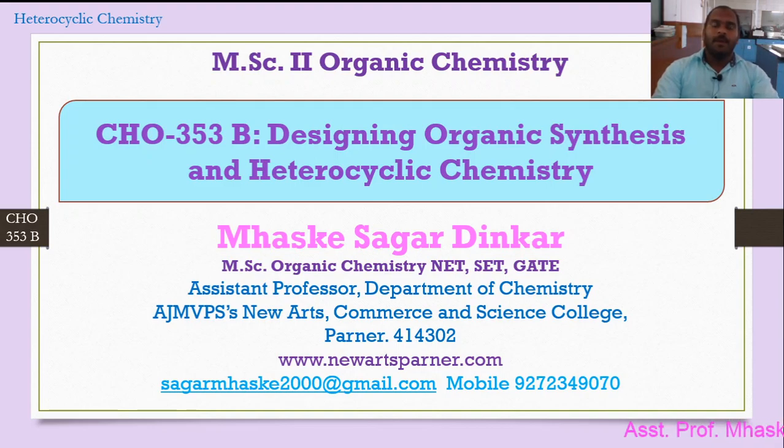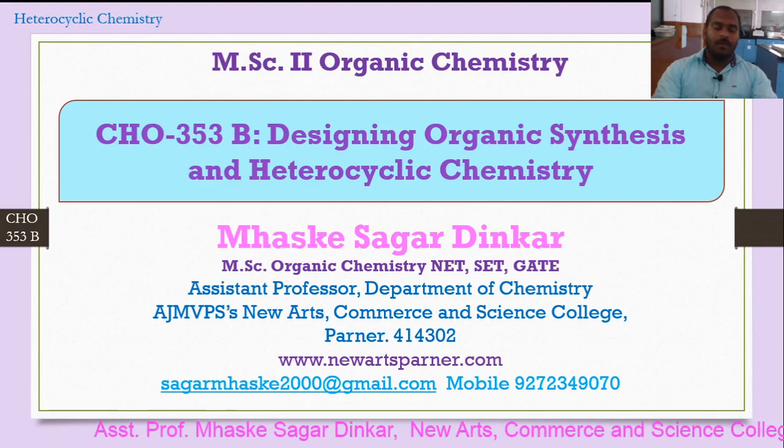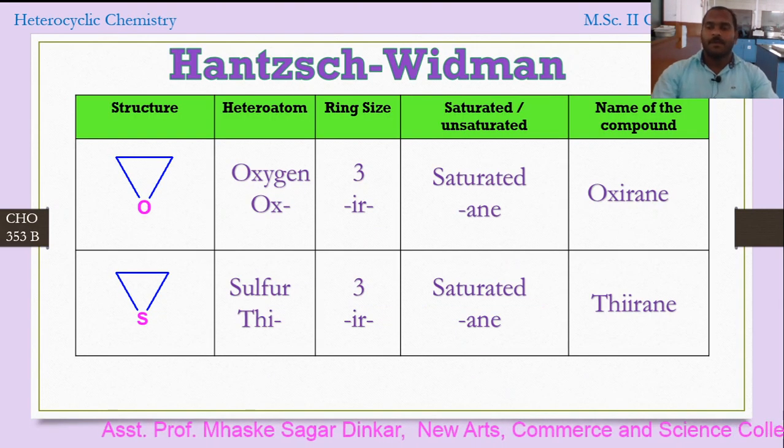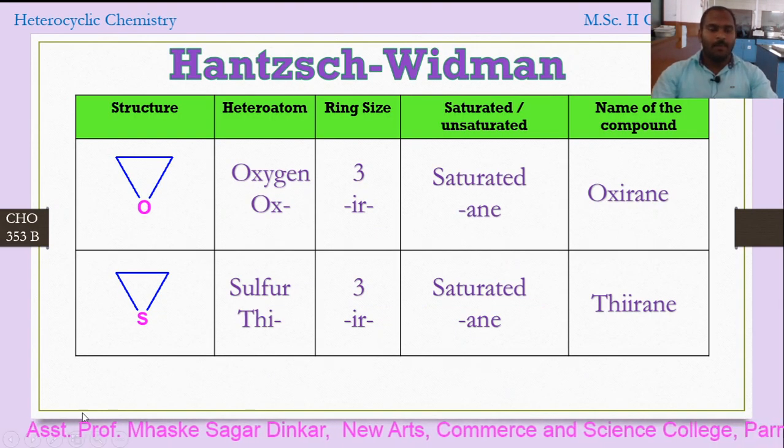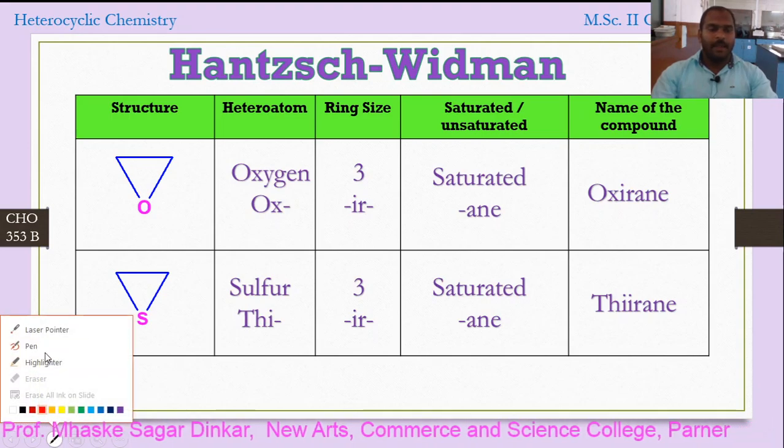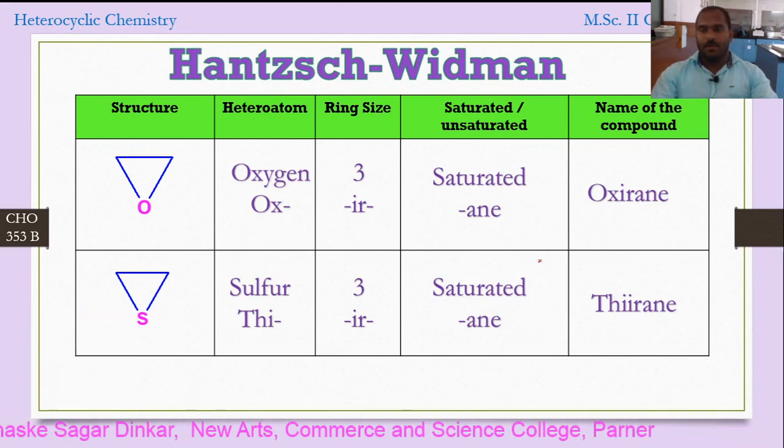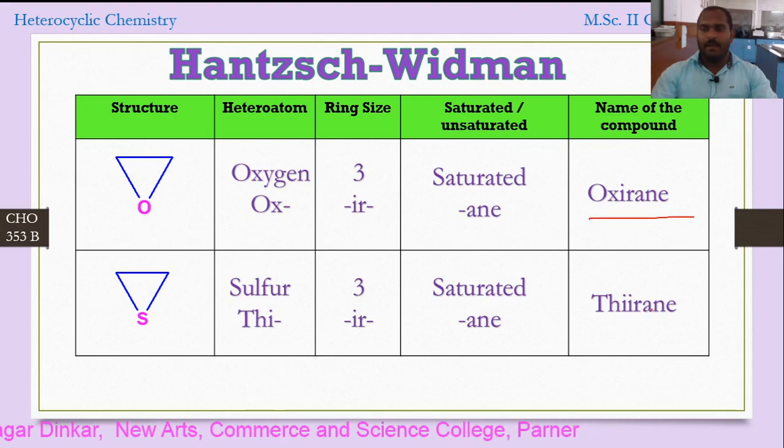Okay, we will continue with that nomenclature system, and we are going to name few more compounds with the help of these rules, so you will have a good understanding of heterocyclic compound nomenclature. So these are the two compounds which we have named, that is oxirane and thiirane, right?